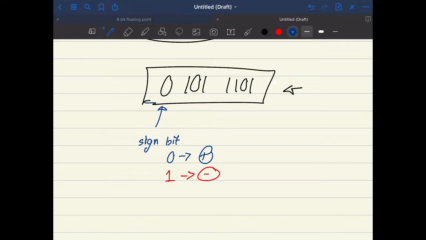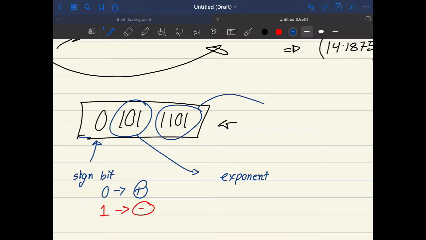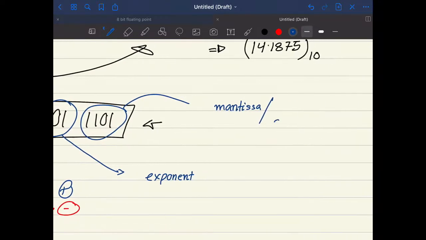These 3 bits represent the exponent, and these 4 bits represent the mantissa or the significand, whichever you are comfortable with.